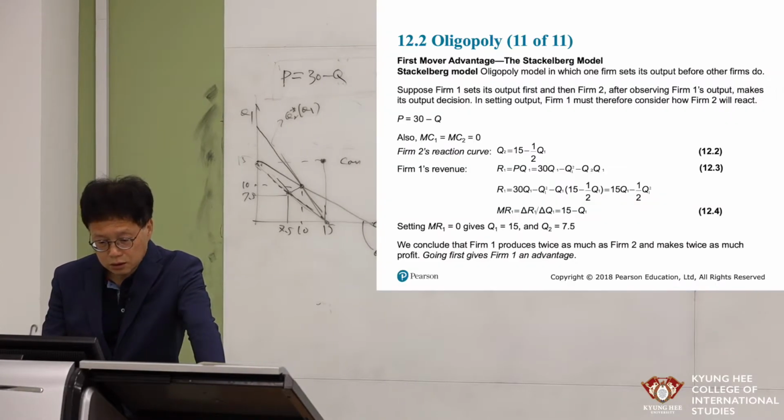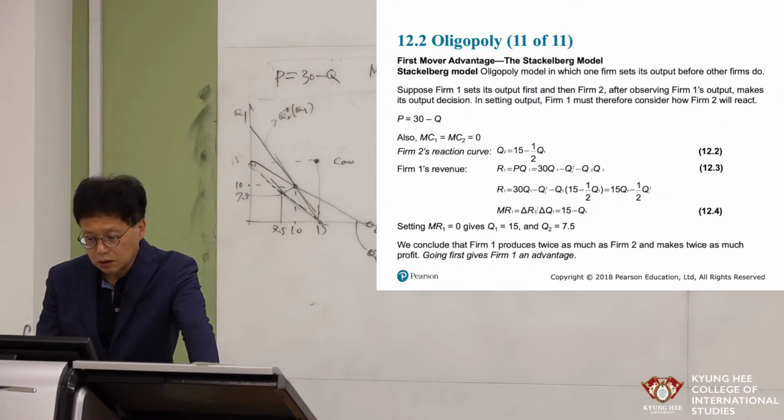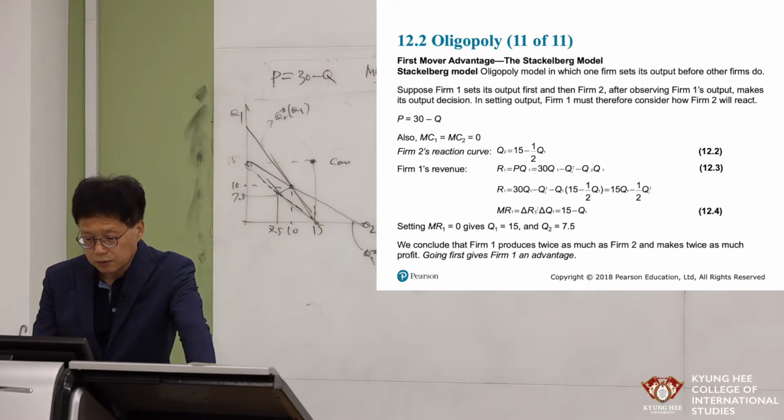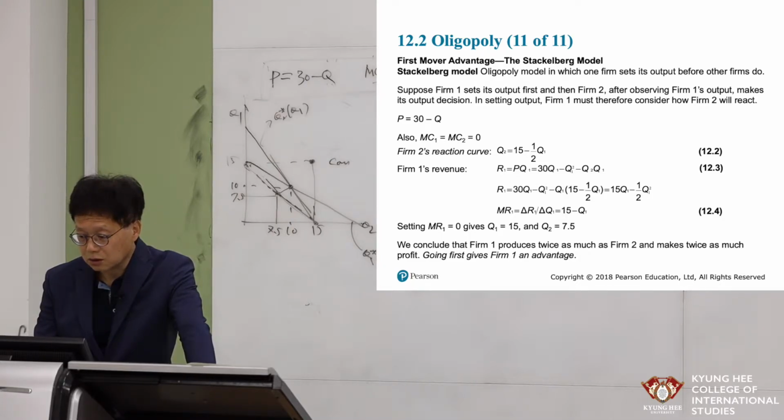Here, let's look at slide number 21. Right? So firm 2's reaction curve is Q2 equals 15 minus half Q1. Firm 1's revenue is equal to P Q1. That is 30 Q1 minus Q1 squared minus Q2 Q1. And firm 2's reaction curve Q2 is inserted here. Then we get total revenue over profit, same, because marginal cost is equal to 0. That is 15 Q1 minus half Q1 squared.